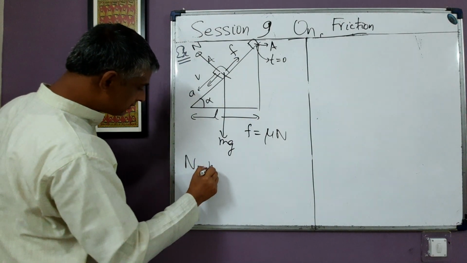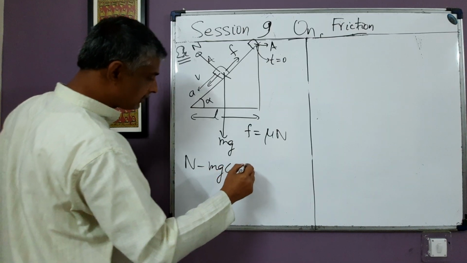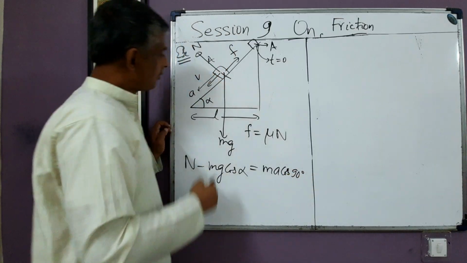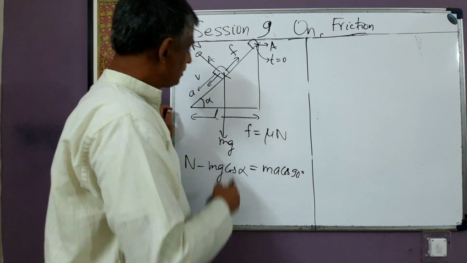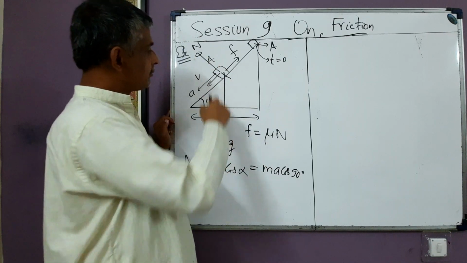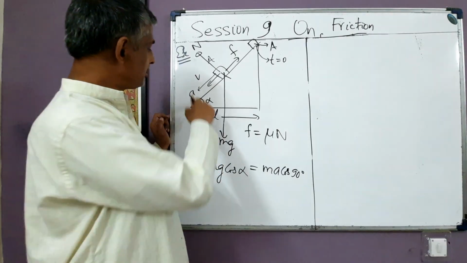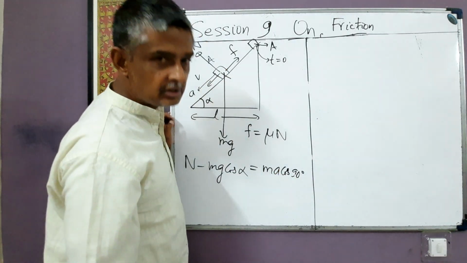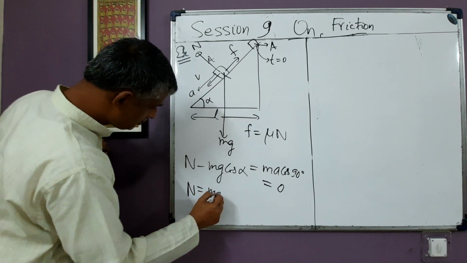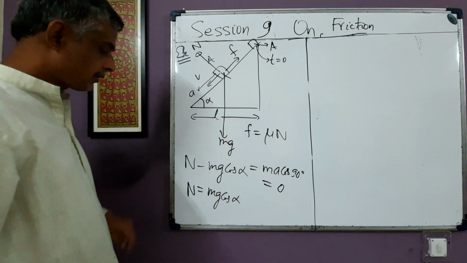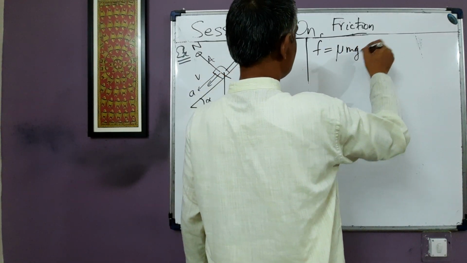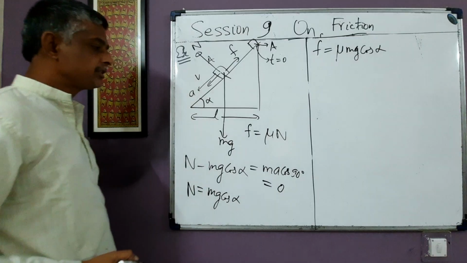Then we get N minus mg cos alpha is equal to m a cos 90 degrees. The acceleration of the block with respect to the ground is a down the incline, so the component of a in this direction becomes a cos 90 degrees, which is 0. So m into 0 becomes 0. So N becomes mg cos alpha, and substituting here, F is mu mg cos alpha.